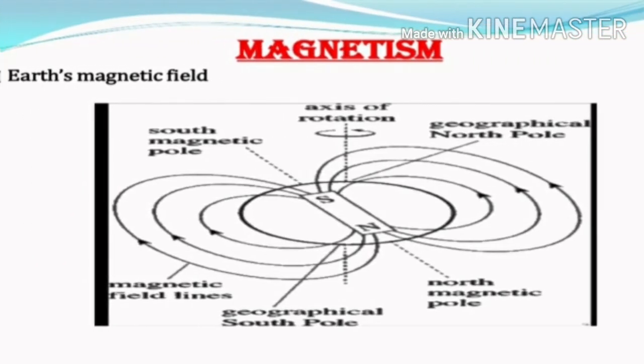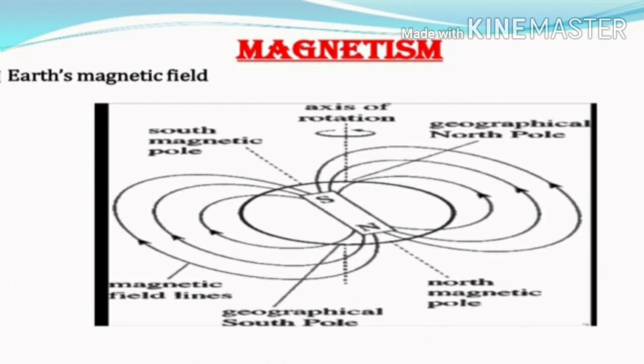Earth's magnetic field. The study of earth magnetism is called terrestrial magnetism. Evidence of Earth's magnetic field was first given by Sir William Gilbert. Based on some experiments, he found that Earth shows some magnetic properties and it has a magnetic field.